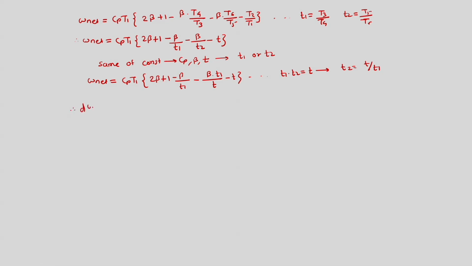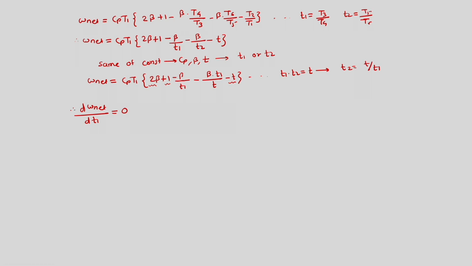Now let us differentiate this W net with respect to T1 and see what we get and equate it to 0. So the differentiation for this term and also this term will be 0.